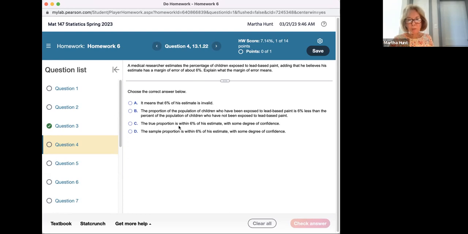It means the true proportion is within 6% of his estimate with some level of confidence. They didn't mention a level of confidence, so that sounds good. It's not about the sample proportion. Okay, this is it. The true proportion is within 6% of his estimate with some degree of confidence. Check answer.